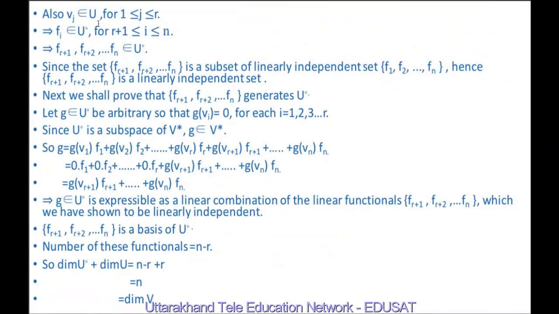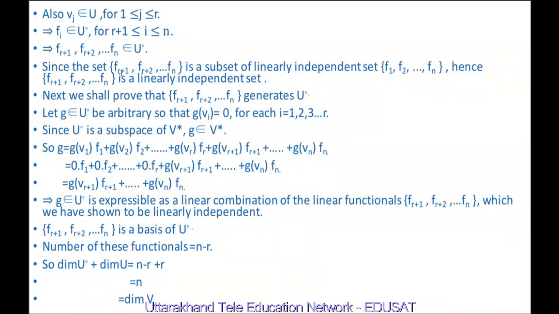Also vj belongs to U for 1 less than or equal to j less than or equal to r, because dimension of U is r. This implies fi belongs to U dot, annihilator of vector space V, for r plus 1 less than or equal to i less than or equal to n. And this implies f(r plus 1), f(r plus 2), ..., fn belong to U dot.